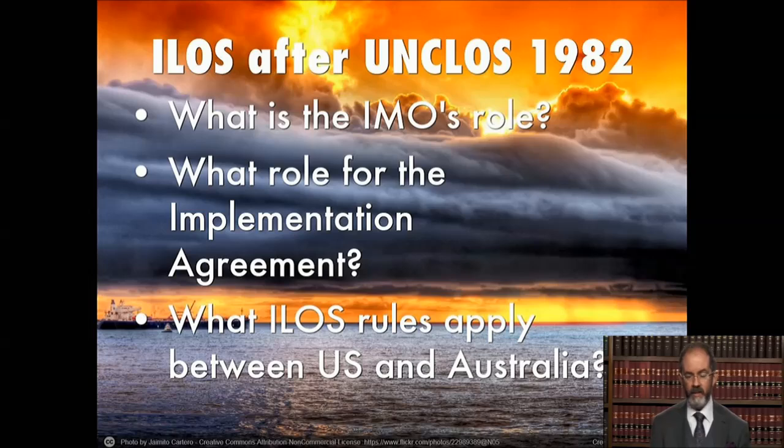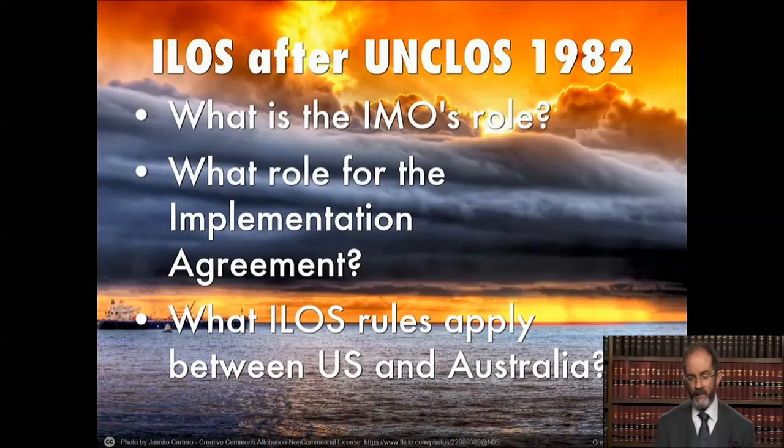Now, where do those generally accepted standards come from? Well, if an IMO convention is subscribed to by 95 to 97% of flag states in the world and a similar percentage of the world's tonnage of the merchant fleet, one would be justified in saying those IMO rules that already bind the vast majority of states are the generally accepted rules.